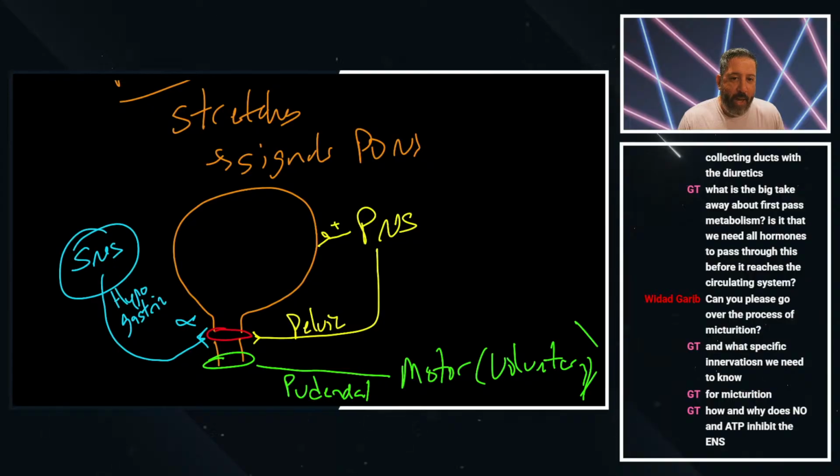So by having ATP and nitric oxide being inhibitory when those things come out, it's going to make the GI system not work so that you can do your sympathetic activity first and get done with it, whatever it's going to be. I won't go into much detail as far as the why. Just know ATP and nitric oxide are inhibitory neurotransmitters in the GI system.